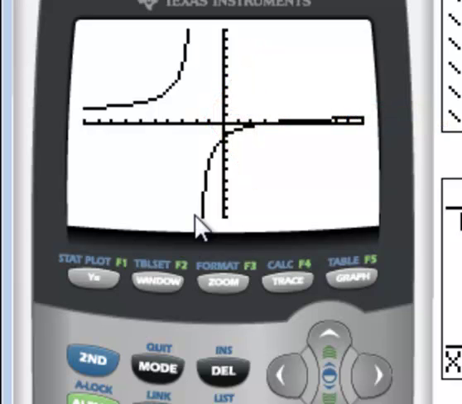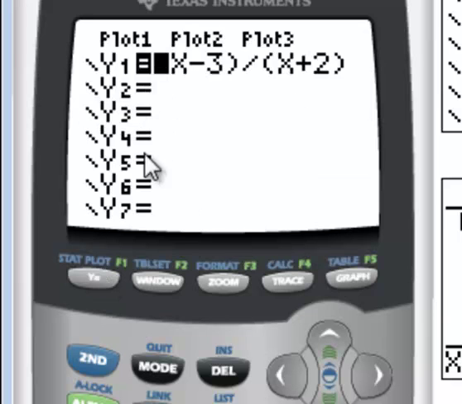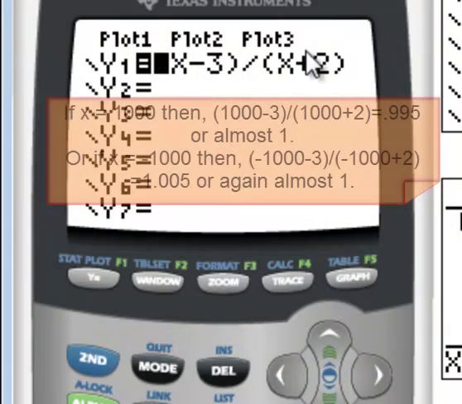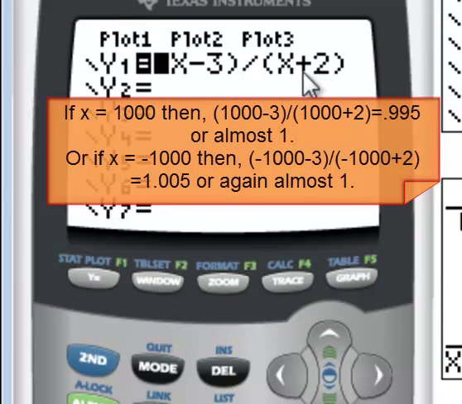But you will also notice that the graph approaches but never touches y equals 1. This is because as the positive value for x gets very large, or the negative value for x gets very small, then the minus 3 in the numerator and the plus 2 in the denominator do not affect the x very much.